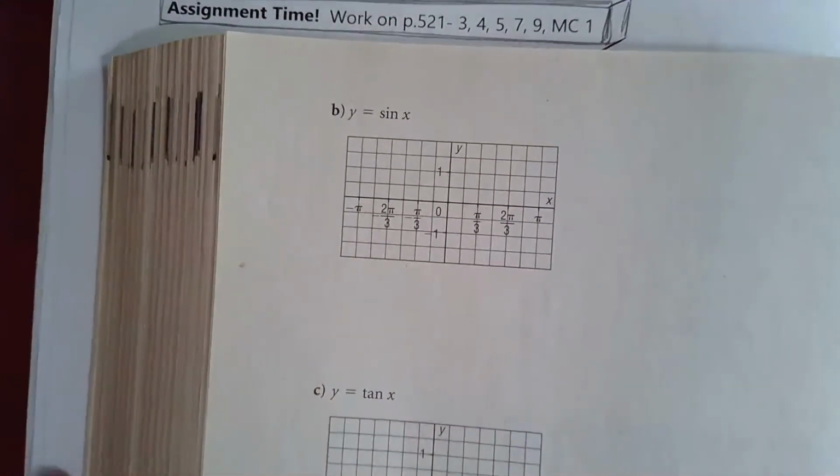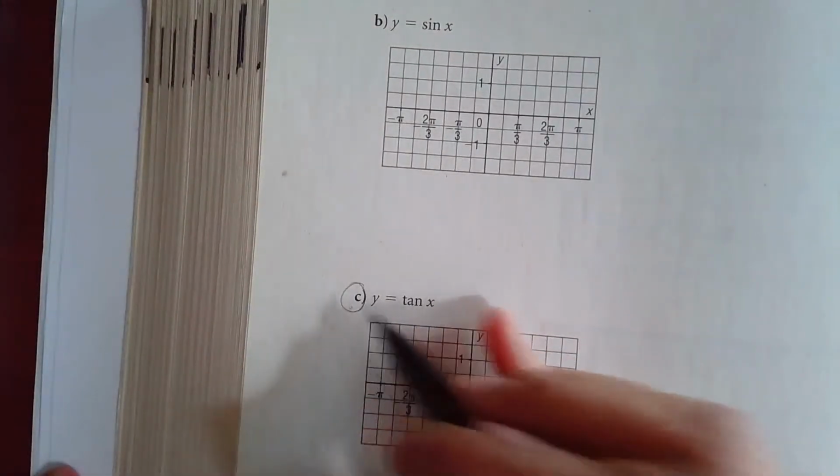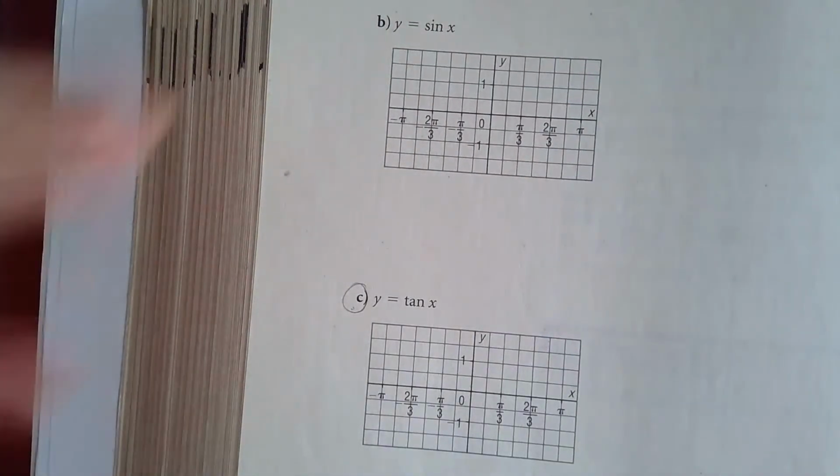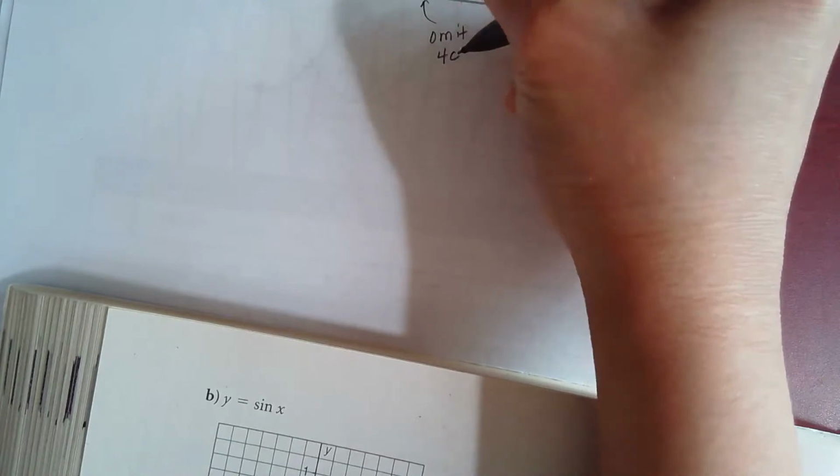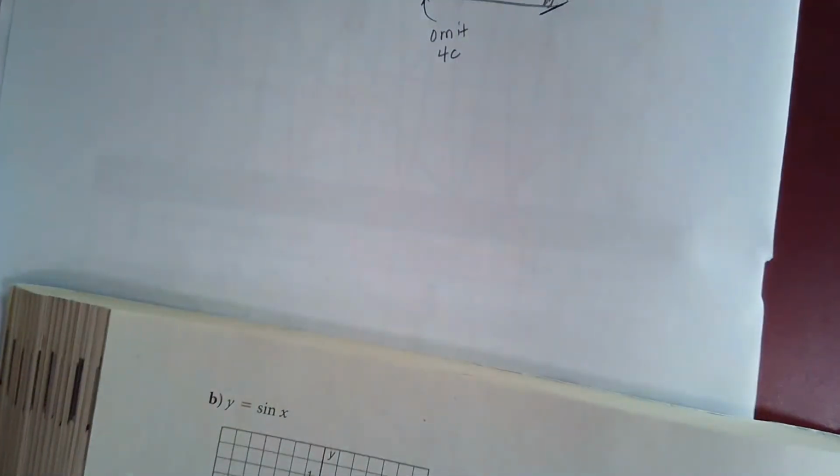We're not going to do letter C because we haven't done tan of x yet. So we're going to go to question number 3, question number 4, but omit question 4C because we haven't quite done the tangent yet.